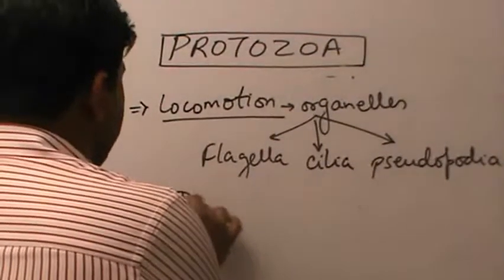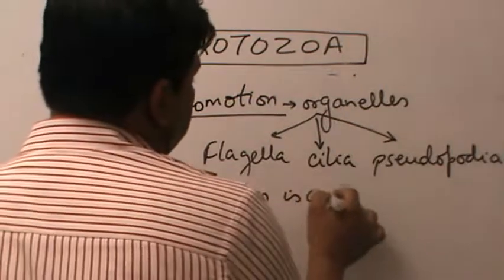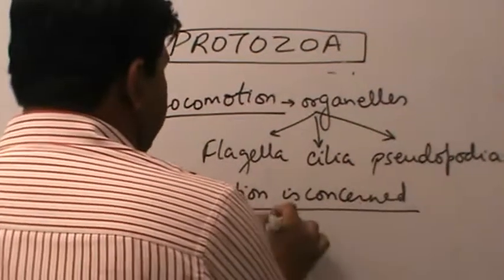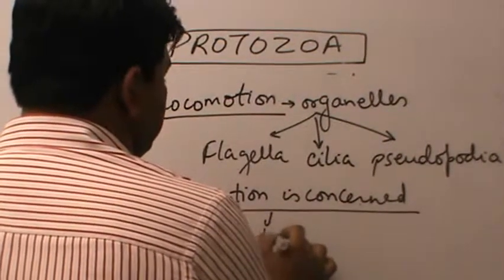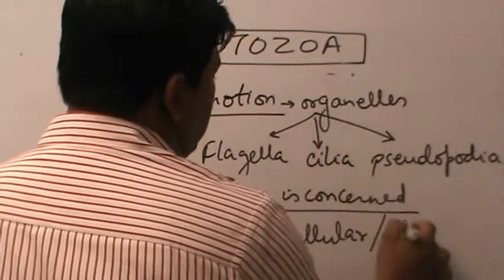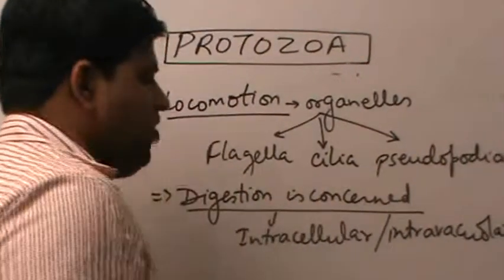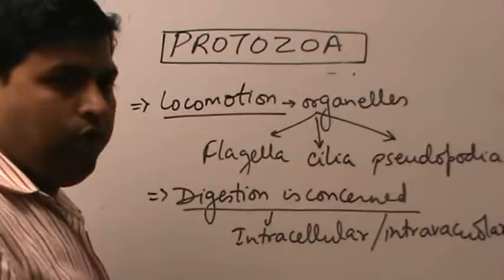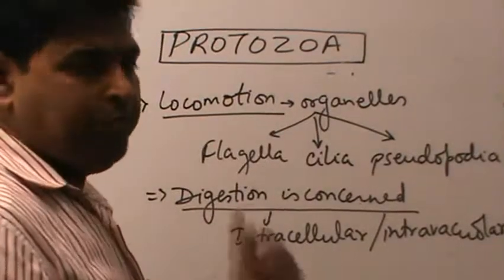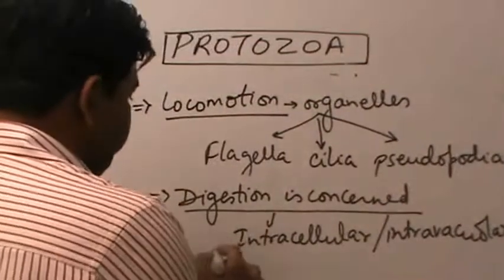Now, as far as digestion is concerned, it is intracellular or vacuolar. That is, they can form the food vacuole with the help of phagocytosis, or with the help of pinocytosis, by which they can engulf liquid particles.